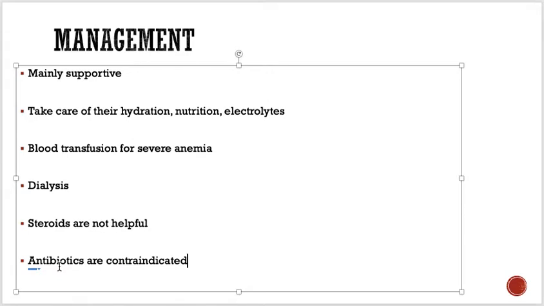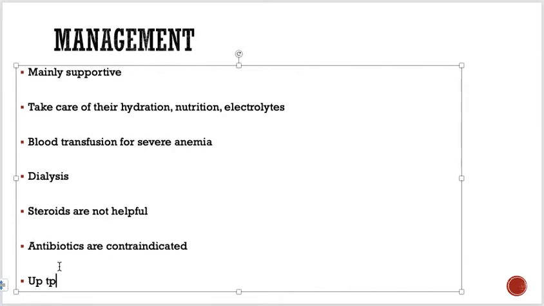Okay, so why are we studying this condition? Because this is the most common cause of acute kidney injury in children. And to tell you about this, up to 25% of children who have hemolytic uremic syndrome may go into long-term renal damage, or long-term renal failure, you can say.